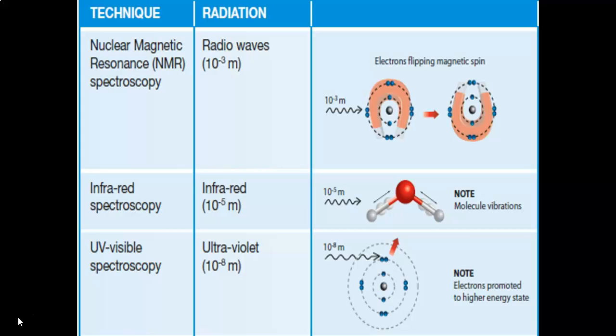For infrared spectroscopy, which is FTIR, the infrared radiation is in the range of 10 to the power of -5 meter, and the molecule will vibrate when it interacts with light. In UV visible spectroscopy, the ultraviolet is 10 to the power of -8 meter, and we can see that the electron is promoted to a higher energy level.